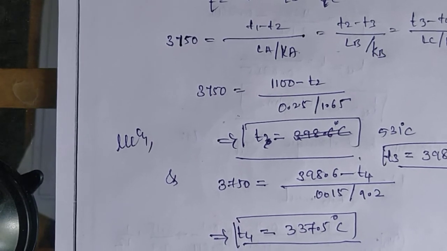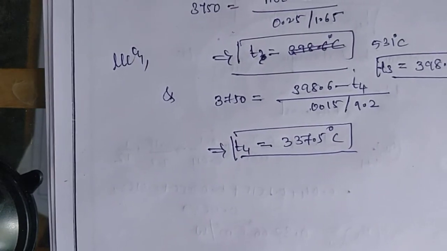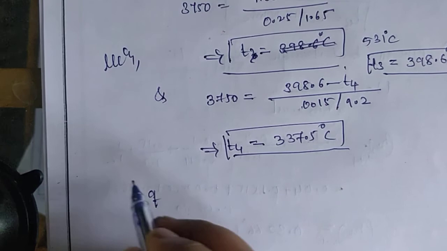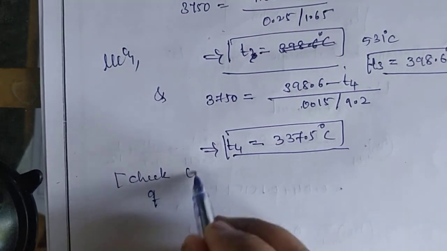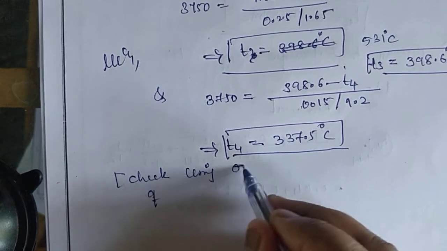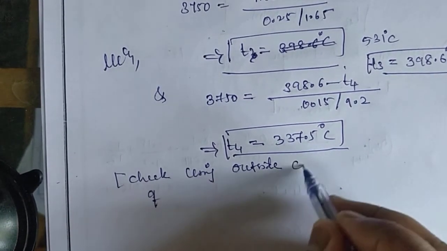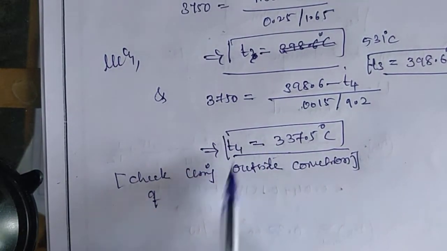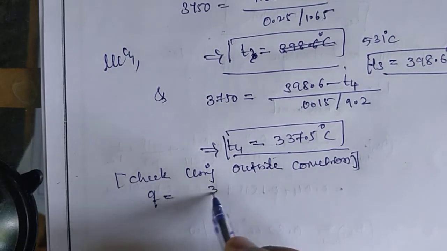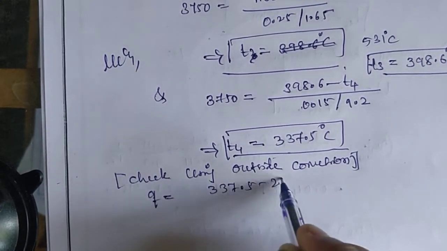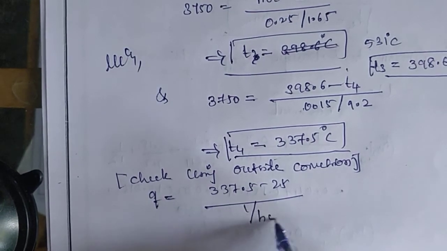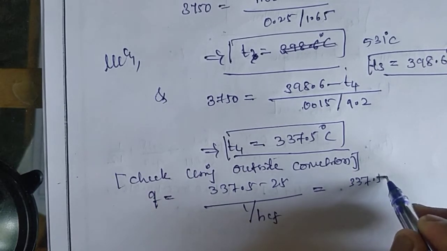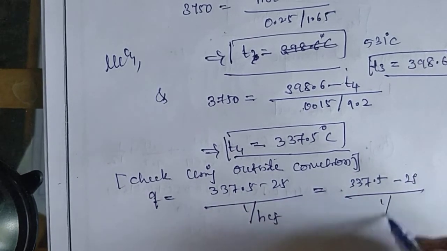For a check, using outside convection, we can find out the value of Q, to verify whether the temperature values we found are correct or not, by using this relation: (337.5 minus 25) divided by (1 by 12).